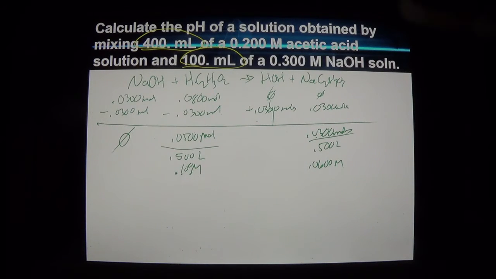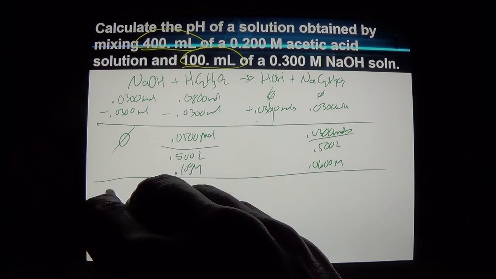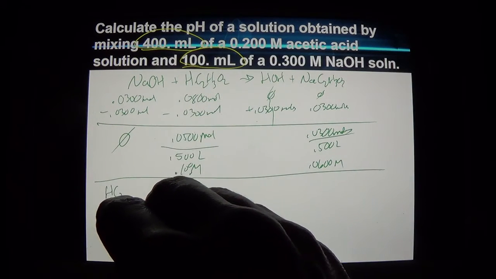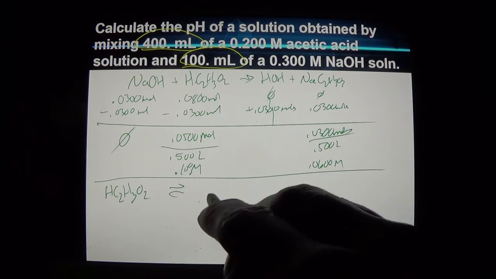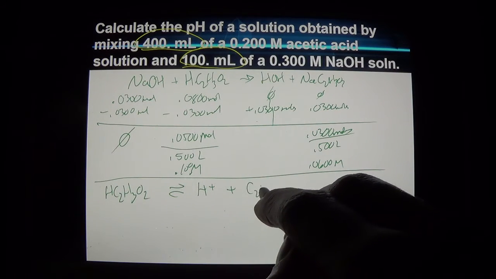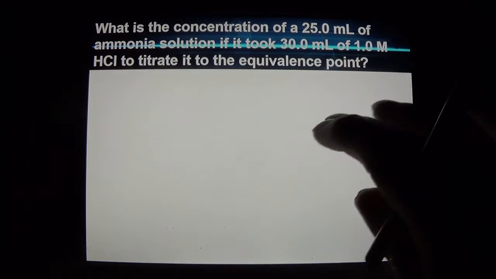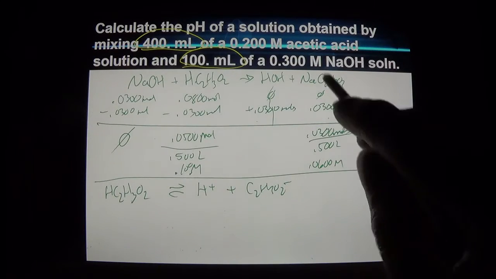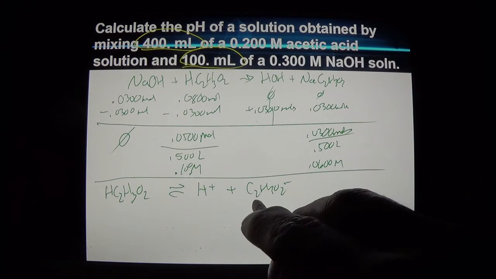Well, now we actually need to do a RICE table to figure that out. Because I have a weak acid, and I can't just say my acid will ionize completely, because it so won't. Plus, I have a common ion going on. My common ion is my sodium acetate, which is totally going to give me some acetate ion.